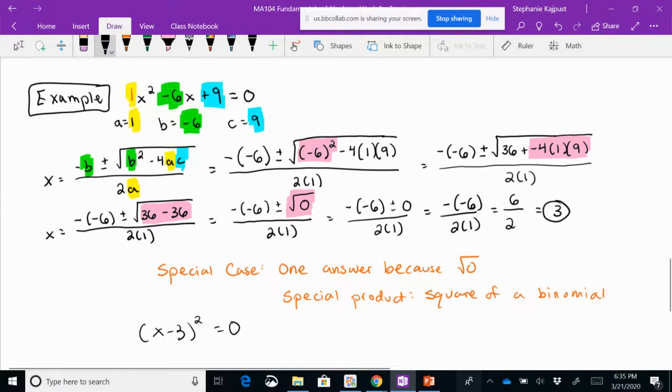So it's a special case where you get one solution, because you basically have the parentheses are the same, or you basically have one set of parentheses equal to 0. Are there any questions?